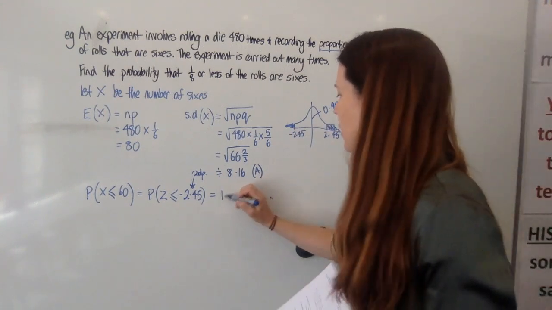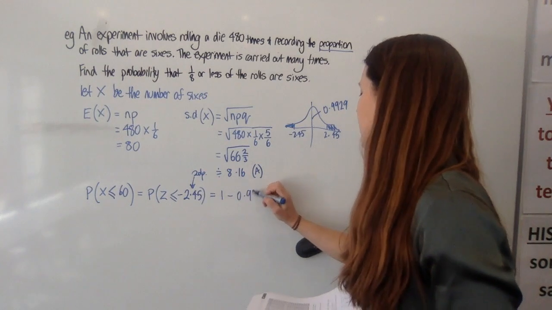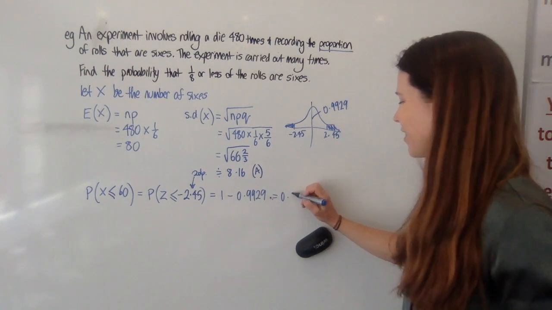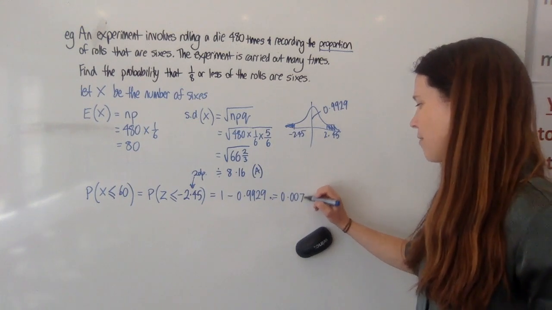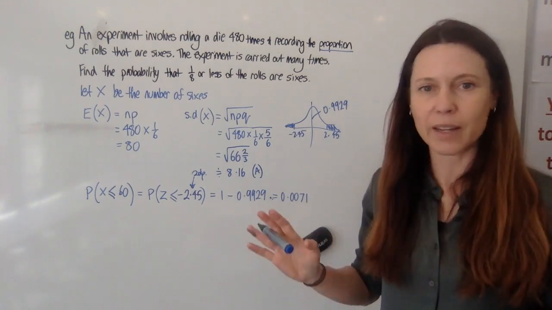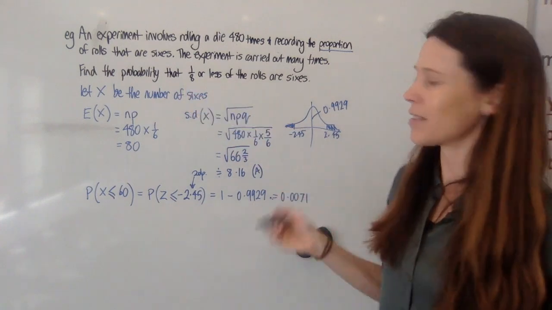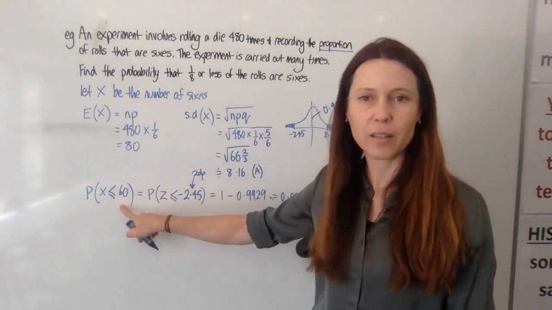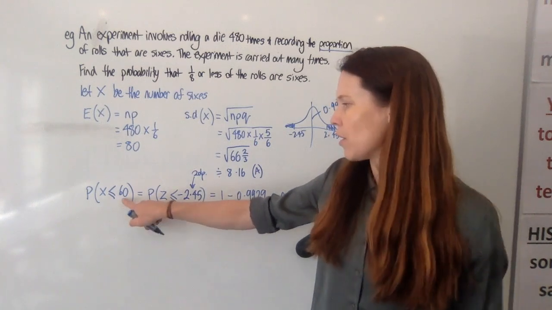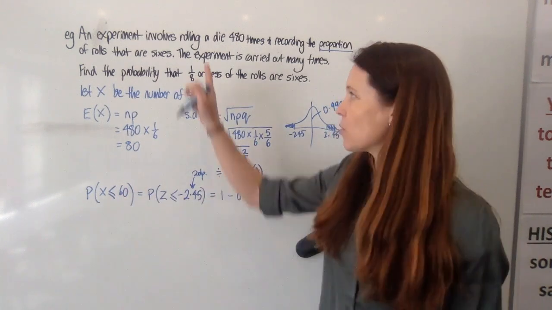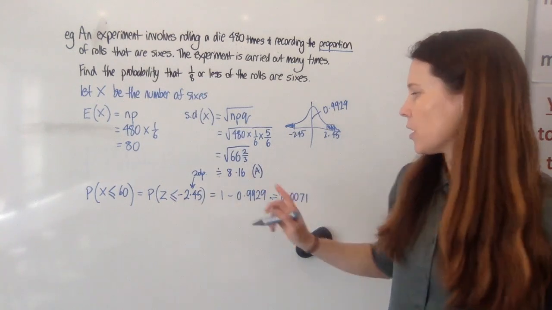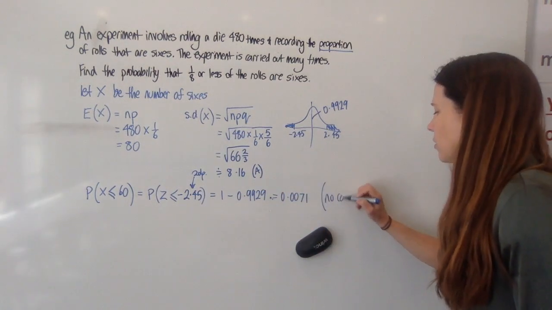So I need to do 1 minus that, which is going to give me 0.0071. So very, very unlikely that I'm going to get less than 1/8. Now, you'll notice that I haven't corrected with the continuity correction. I haven't corrected for the fact that this was discrete data and I'm approximating it with continuous data. So this is with no correction.